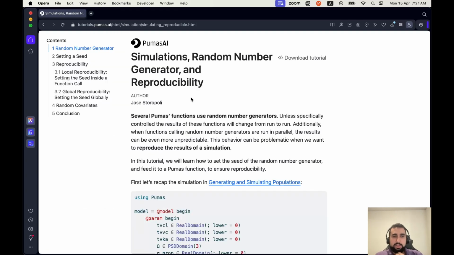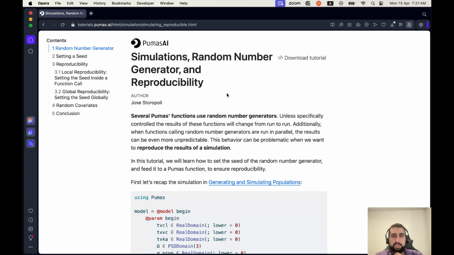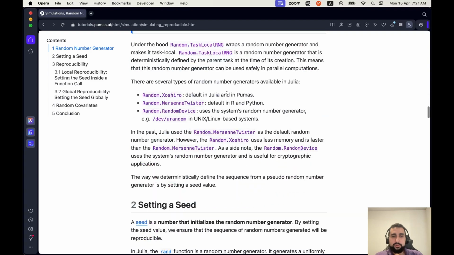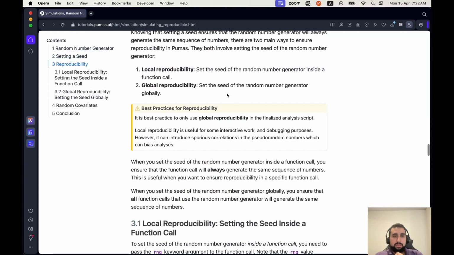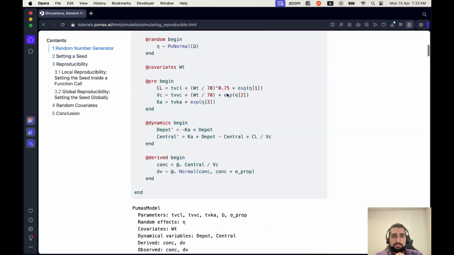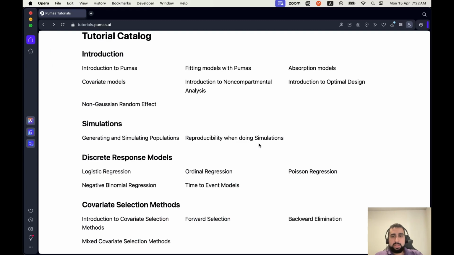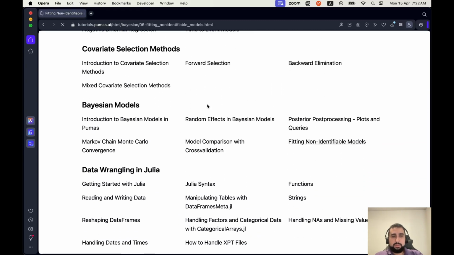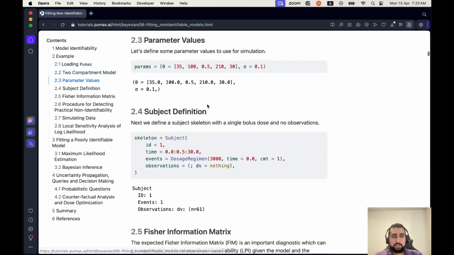If you click on this, you see that it's written by Jose Storopoli, who spent a lot of time trying to make this very easy to understand and easy to follow. So please go ahead and read this to make sense of how to make simulations reproducible in Pumas. But I'm going to use this nice feature of Pumas and go ahead with my example.